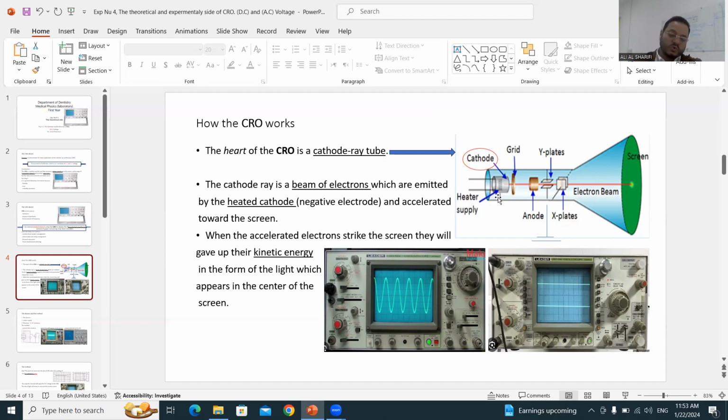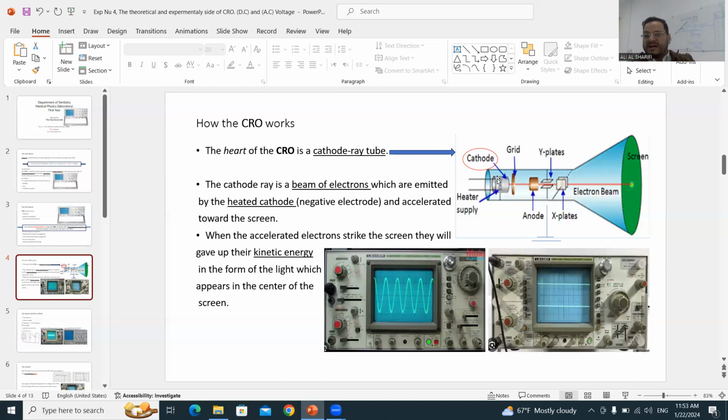To achieve the accelerating process, we will use the anode and parallel horizontal plates to accelerate the electron beam. By that, the electron beam can reach the screen, and the waves or lines will be plotted like that.